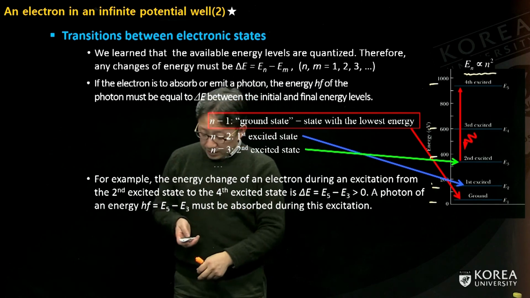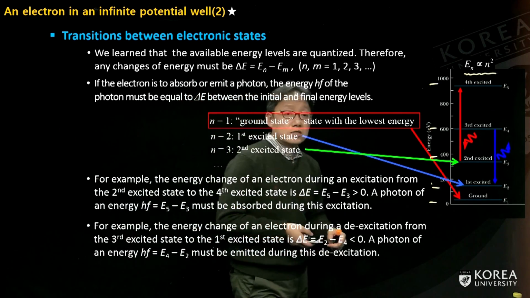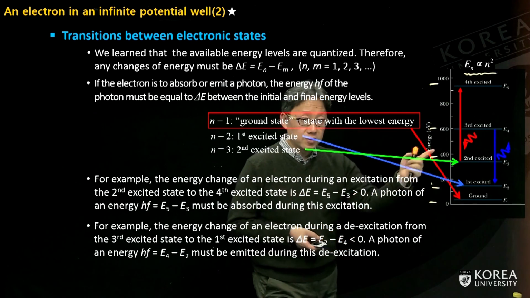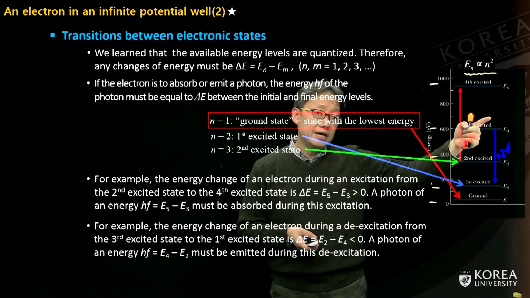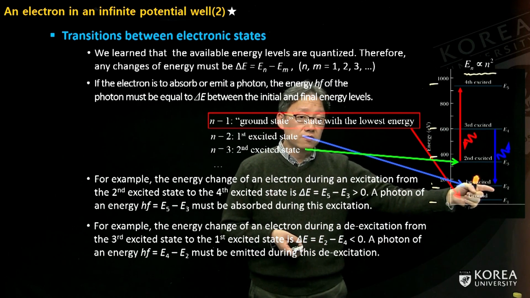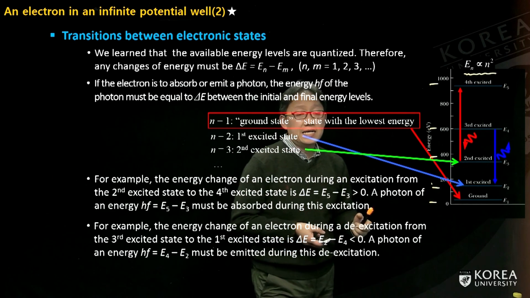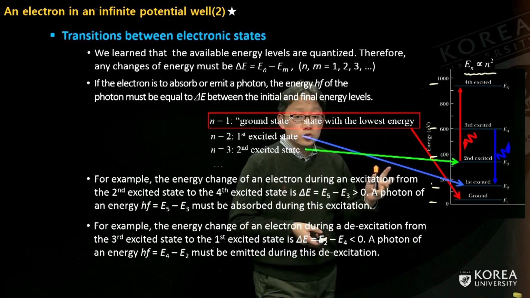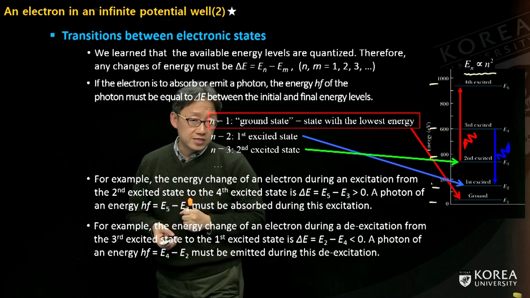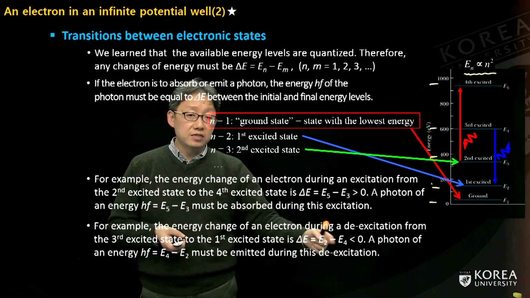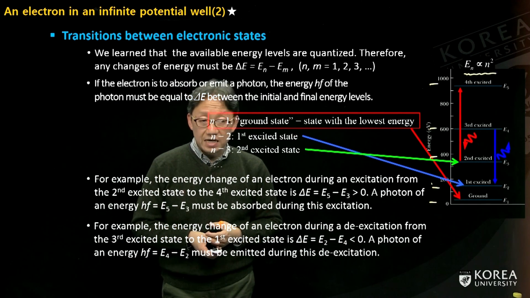Okay, and then how about the case of an electron moving from a higher state to a lower state? For example, shown here, if one electron is moving from the third excited state down to the first excited state, it is changing from E4 into E2. So the difference in energy of this electron, which is E2 minus E4, is negative.